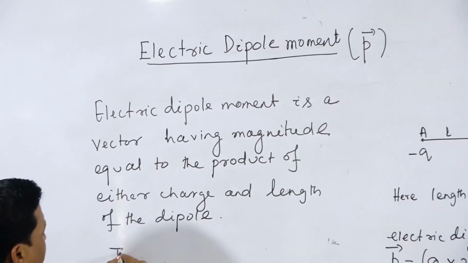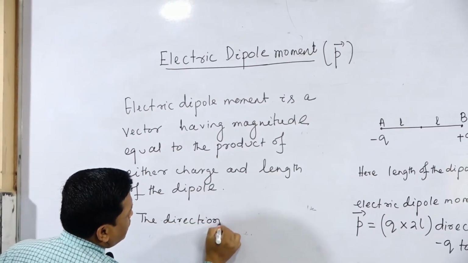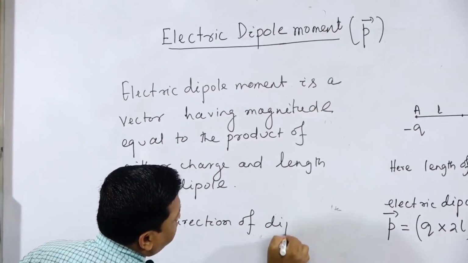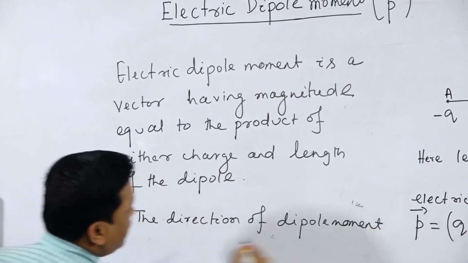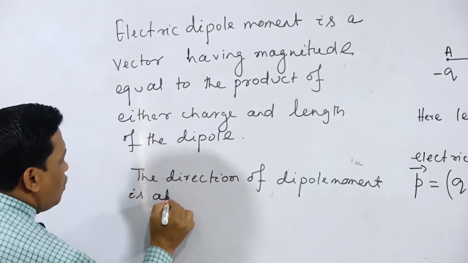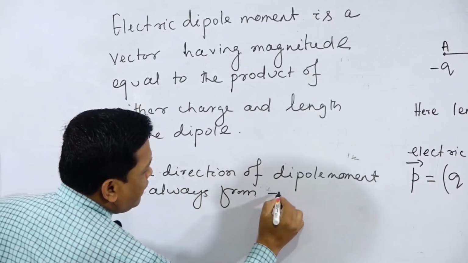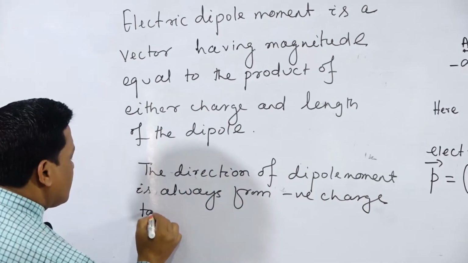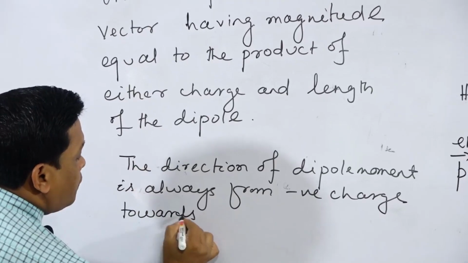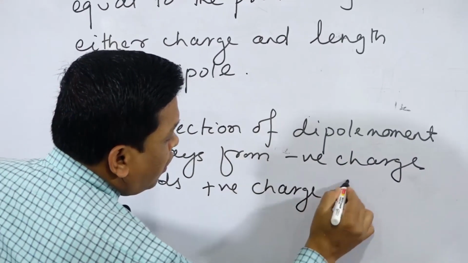The direction of dipole moment is always from negative charge towards positive charge of the dipole.